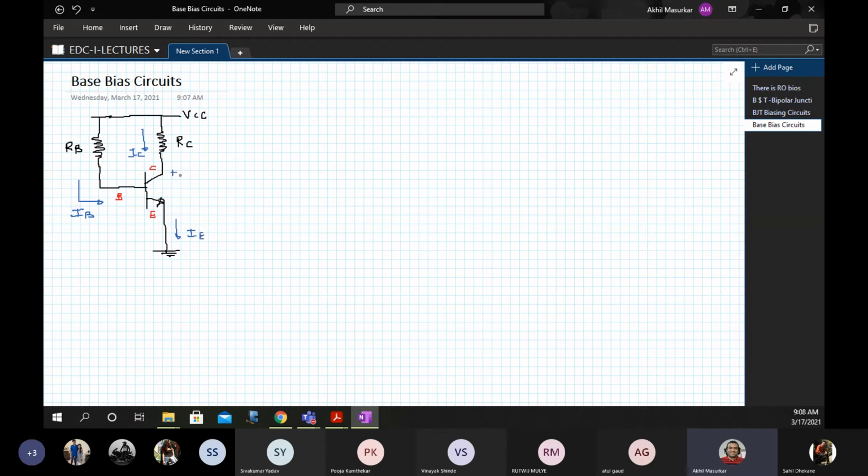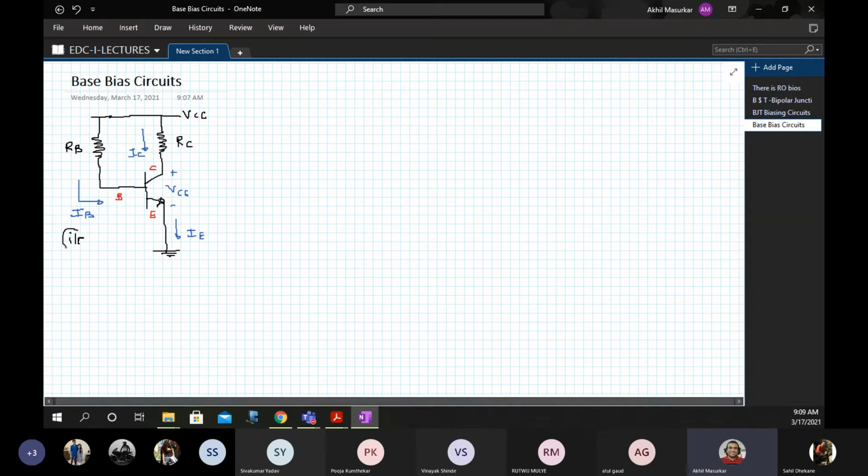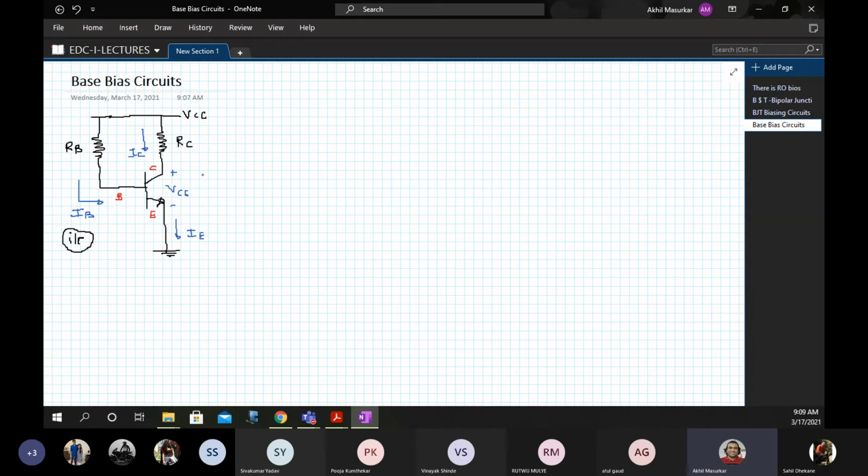And the voltage drop across the collector emitter terminal is VCE. So please draw like this. Now we will generally always start with, like I told you, this is the input side and this is going to be the output side.